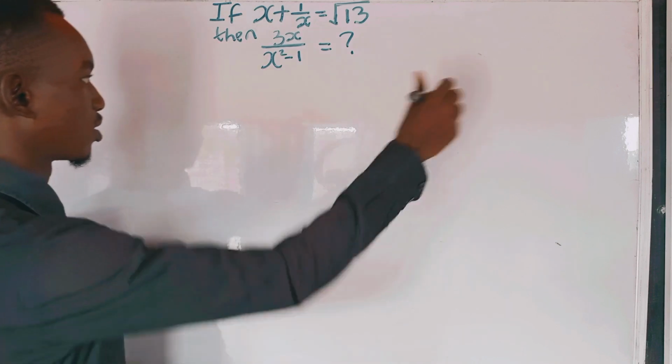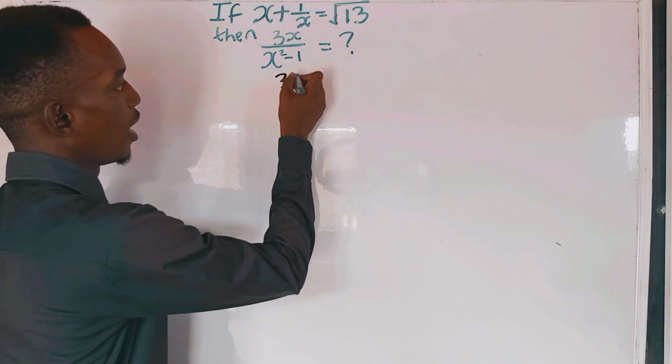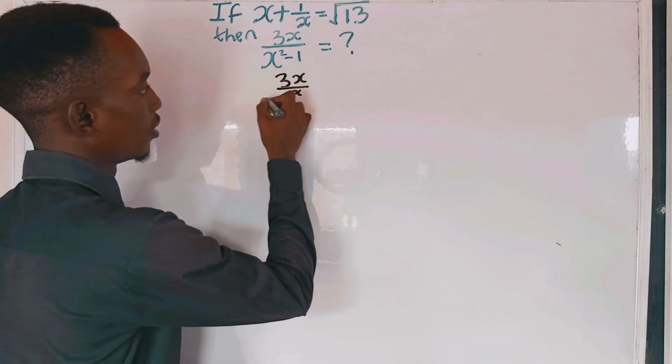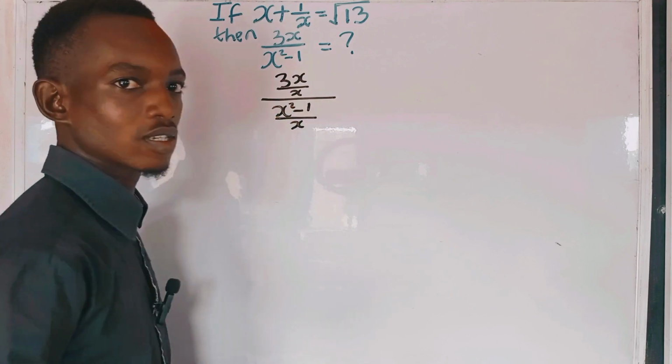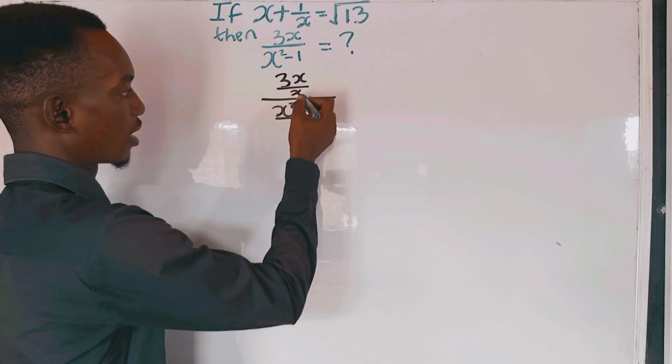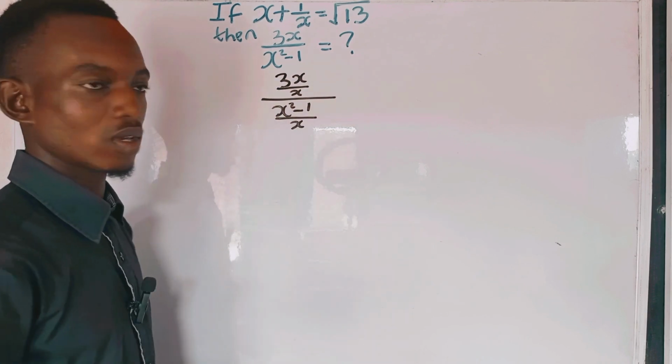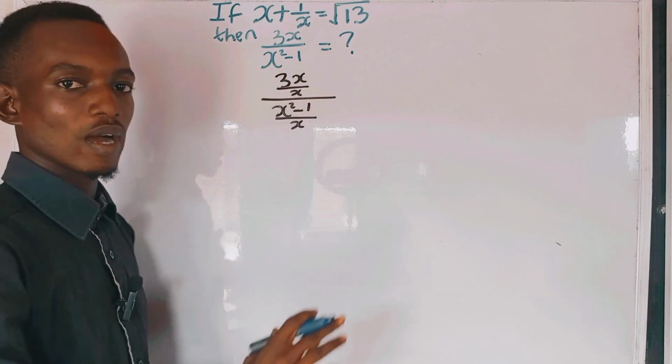What am I talking about? We divide 3x by x, then we divide x squared minus 1 by x. I haven't done anything wrong because x can easily cancel out x, okay? So divide the numerator and denominator by x.